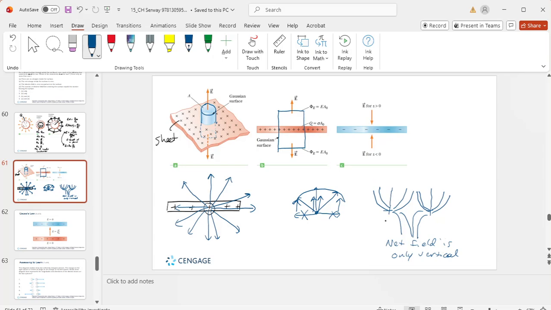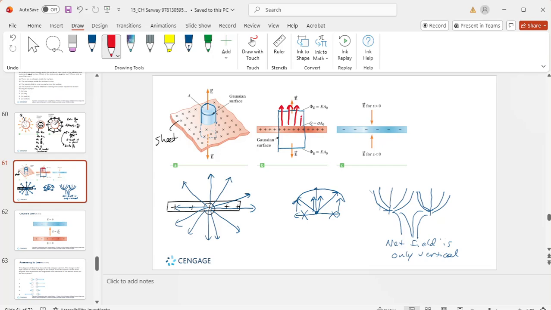But remember, the argument is that only my vertical components have a net value. All of the horizontal components cancel. So my electric field coming off of my sheet is only going to be vertical.